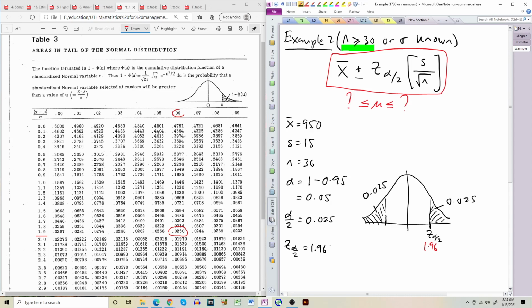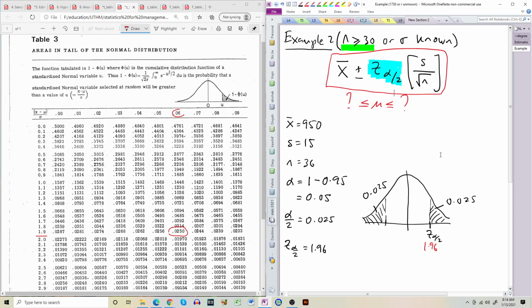I repeat, how do I find this value? If it were a face-to-face class, I would give more explanation regarding this. Now it's online, so I need to go through according to convenience. So I straight away teach you how to find Z alpha over 2.